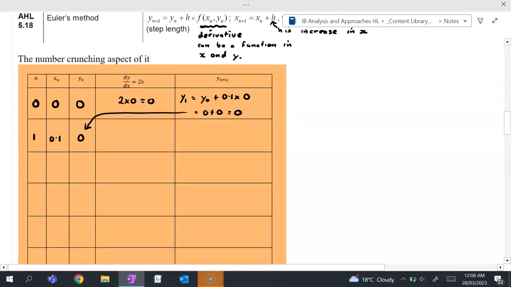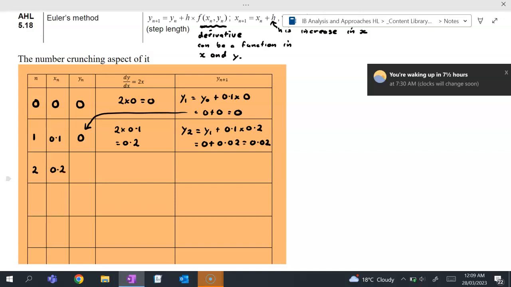Okay, now the value of the derivative when x is 0.1 is 2 times 0.1, which equals 0.2. y2 is therefore going to be y1 plus the step value times the derivative, so 0.1 times 0.2, so that's 0 plus 0.02, which is 0.02. So after 2 steps, we've now got an x value of 0.2 and a y value of 0.02.